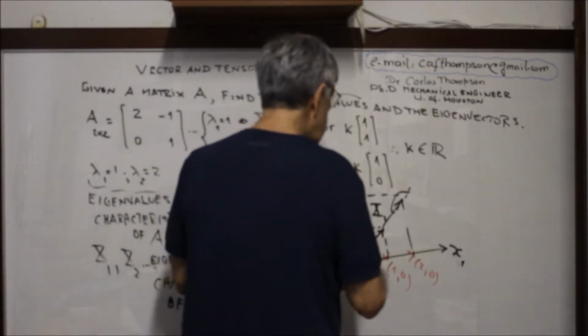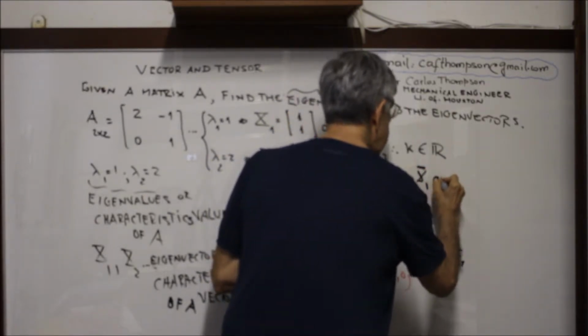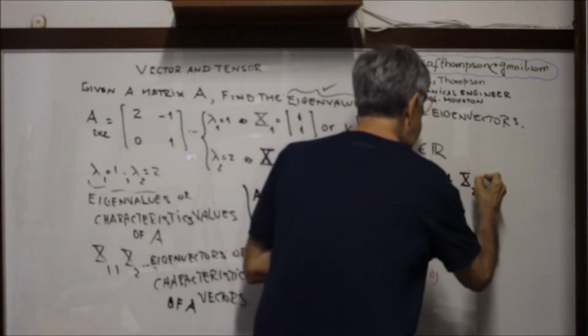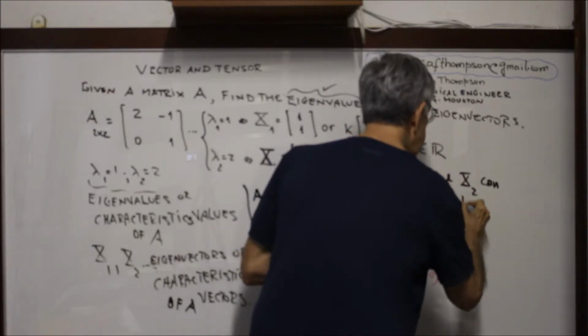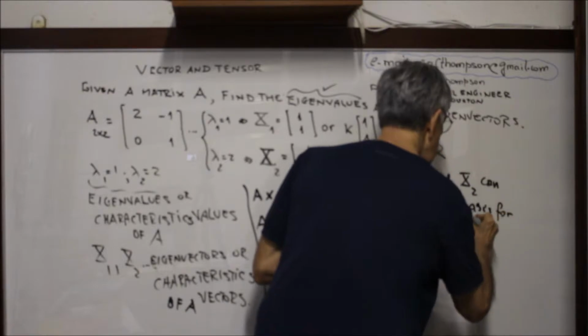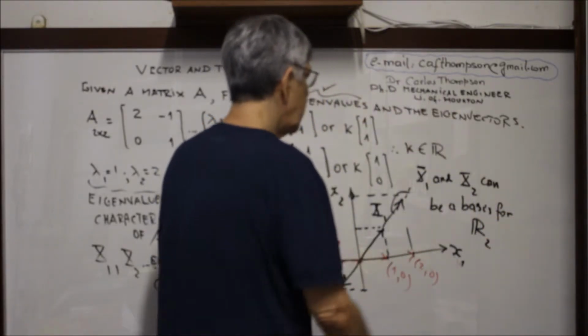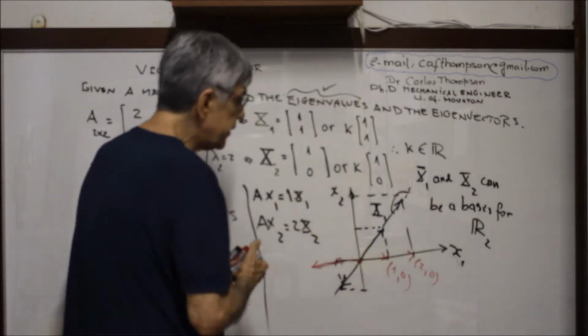x1 and x2 can be a basis for the space R2, because x1 and x2 are linearly independent.